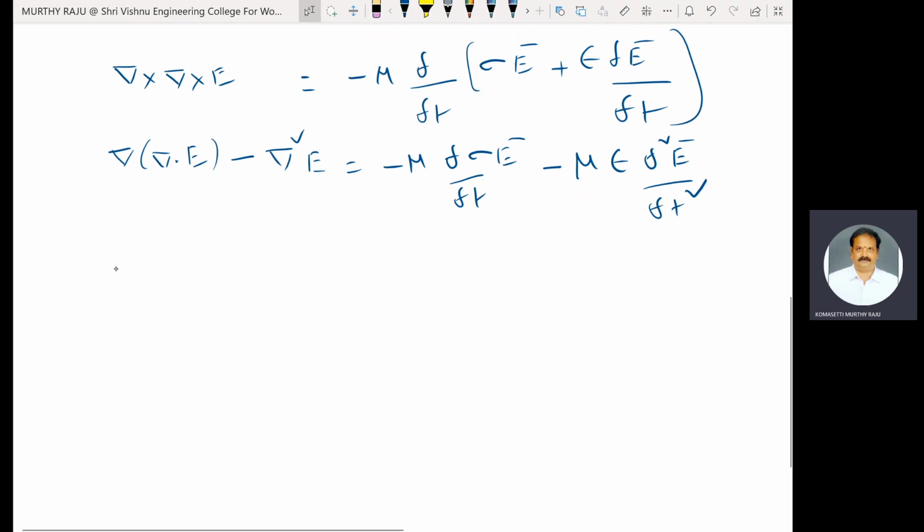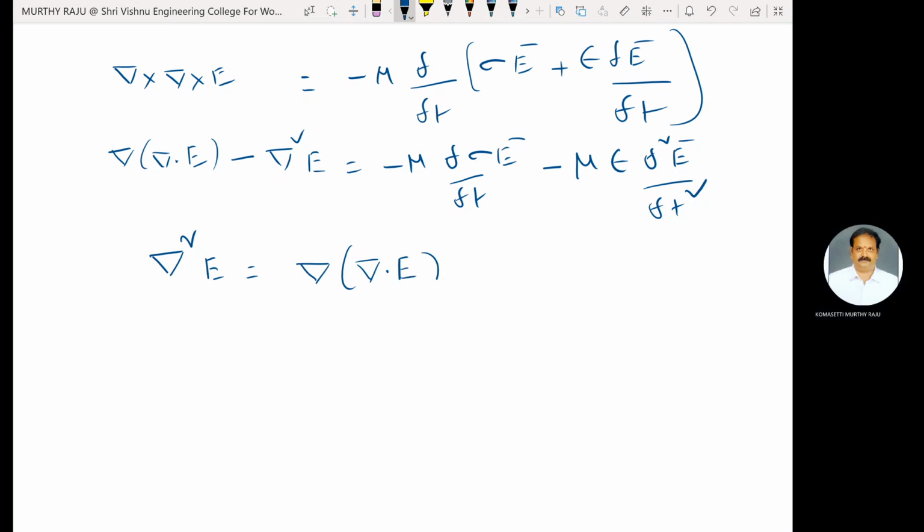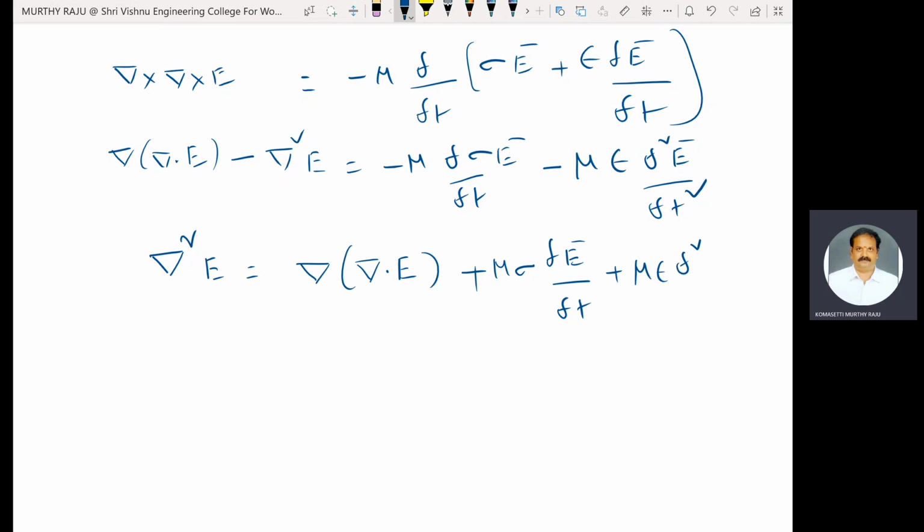Rewrite the above equation: del square E is equal to del of del dot E plus mu sigma dou E bar by dou T plus mu epsilon dou square E bar by dou T square.